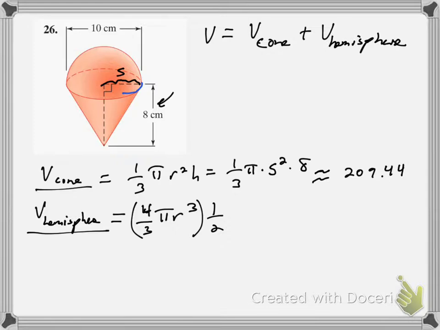So this would be 4/3 times pi, the radius again is 5 to the third power, and I'll multiply that by a half, which comes out to 4 divided by 3 times pi times 5 cubed. When I plug all that into my calculator, I get 261.80.